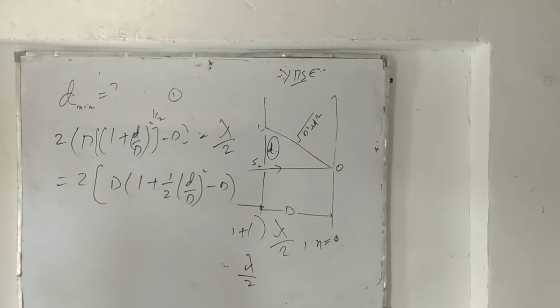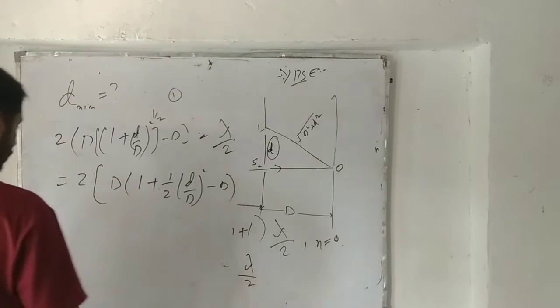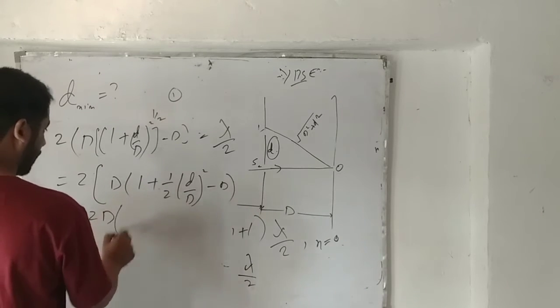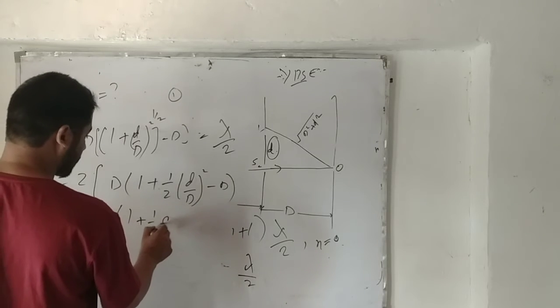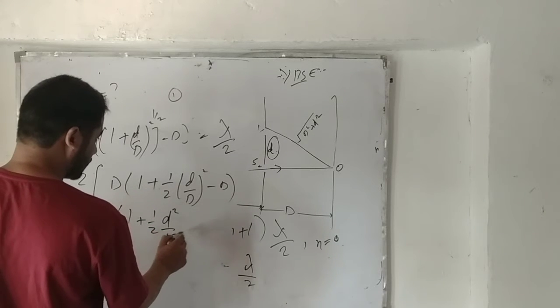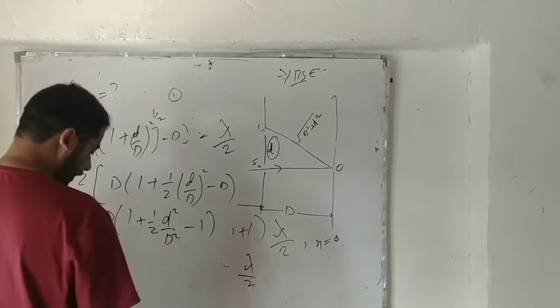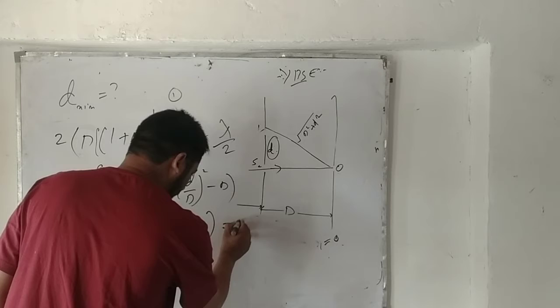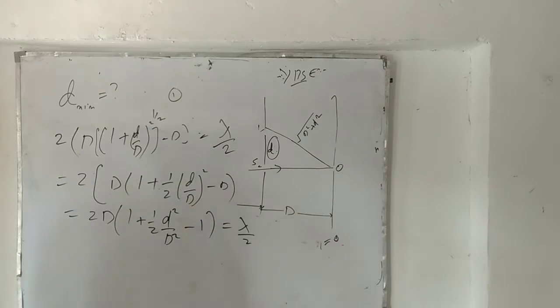So look how I will proceed further. If D is here, I can make it common. I will get 2D times 1 plus 1 half of d square by D square, minus 1, it will be lambda upon 2.